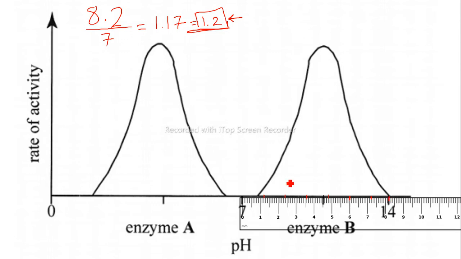Good. So that means that this is 8. This is 9. This is 10. This is 11. This is 12. This is 13. And this is 14. So what's the optimum level, the optimum pH level?